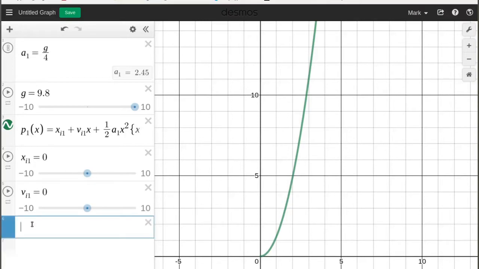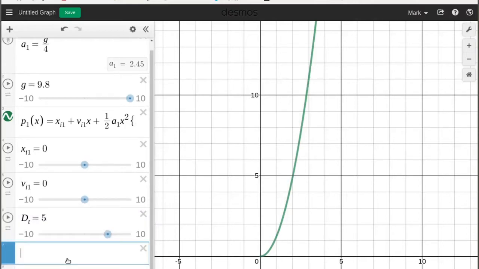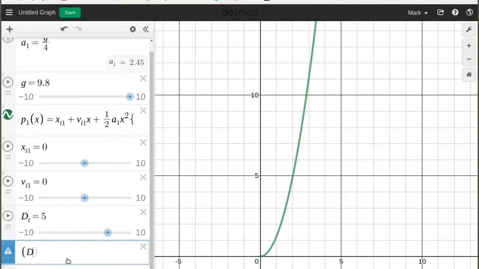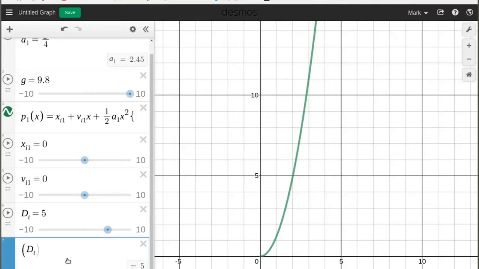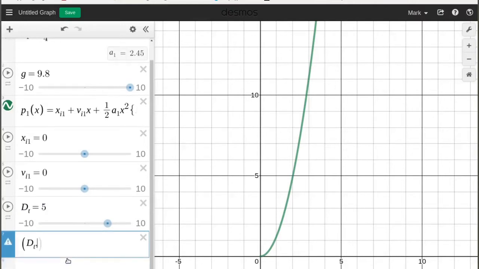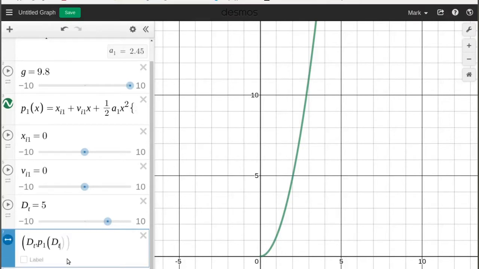So I'm going to say dt is, let's say, 5 seconds. Just make up a number for it. And then that means I can make a point, dt, comma, p1 of dt. This is how I'm representing delta t.